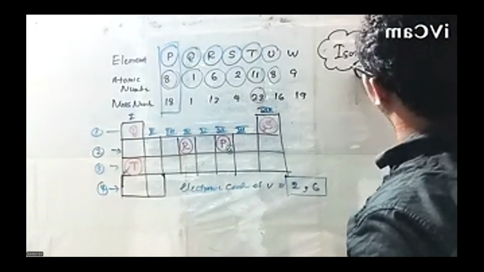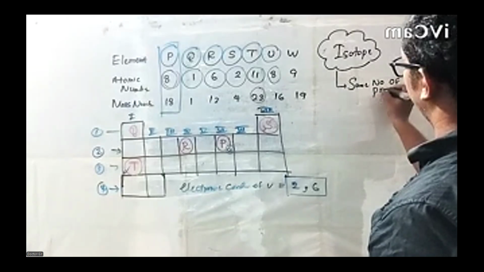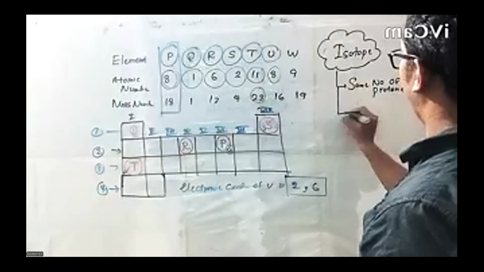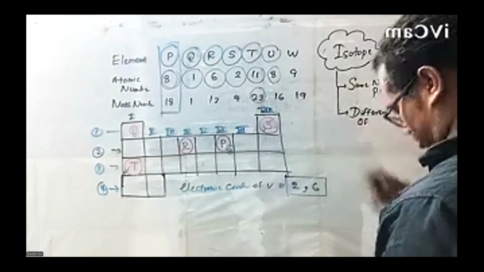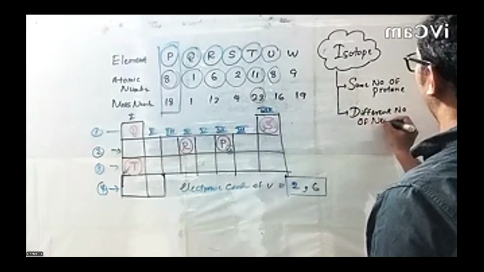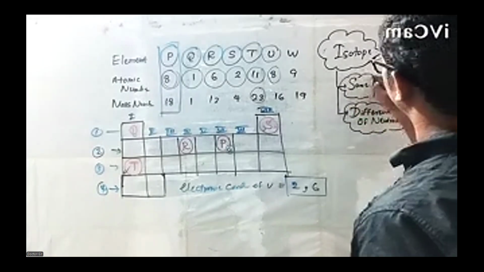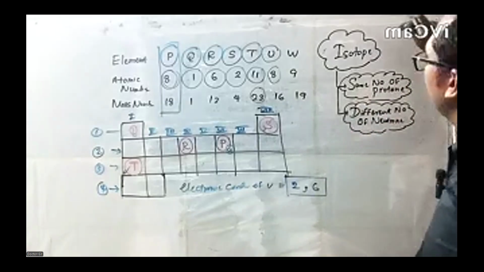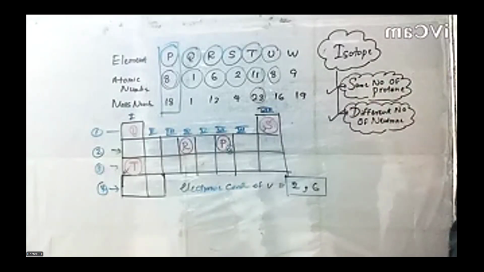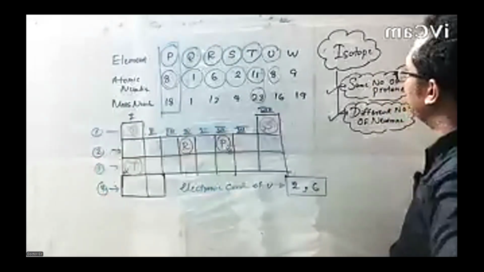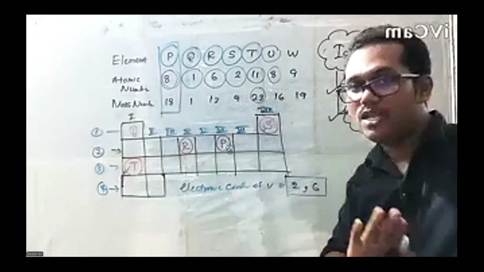They should have the same number of protons but a different number of neutrons in the same element. Different atoms are recognized with the same number of protons and a different number of neutrons, in the same element but different atoms.